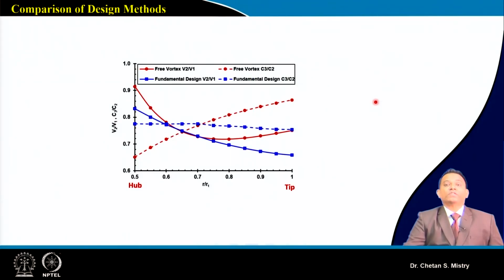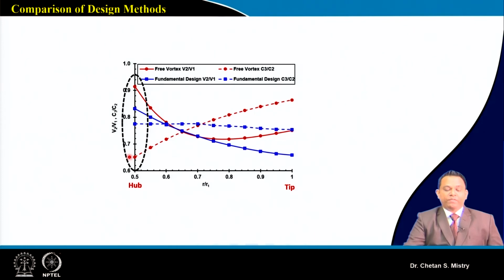Now this is representing our parameter, which we call the de Haller factor. This de Haller factor we are comparing for free vortex, where it is very high near my hub region and changes near the tip region. And if we compare here with our fundamental approach, my de Haller number is decreasing, but the decrease is in a systematic way.